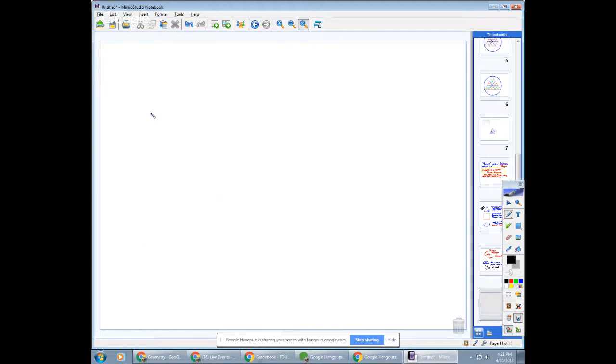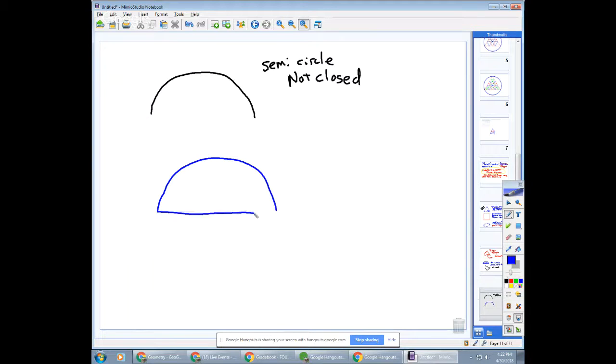So I could try to make a semicircle to the best of my ability. And this is just not closed. I could make a semicircle with a diameter. Circle, thank you so much.